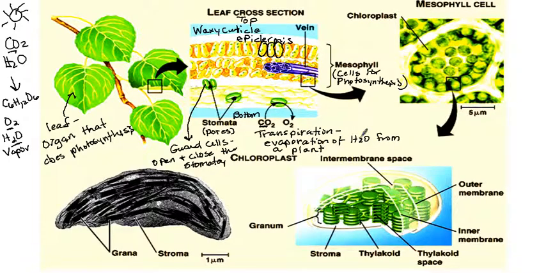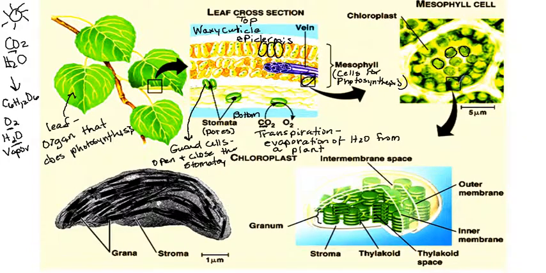Okay. Now that we kind of know what some of the parts of the leaf are, if we were to take this little cell right here and blow it up and make it big, it probably would look something like this under the microscope. And we can clearly see these green things right here. Those are chloroplasts.